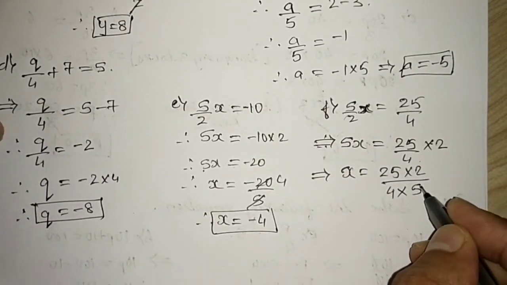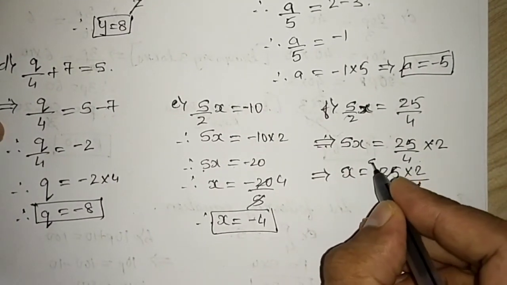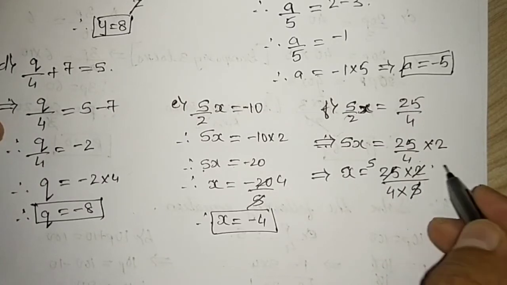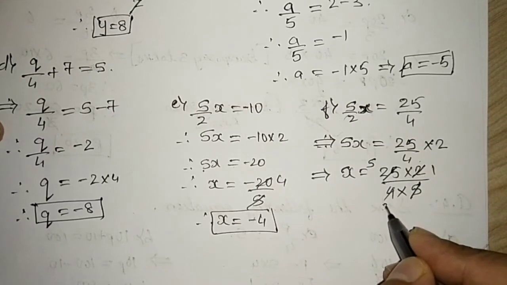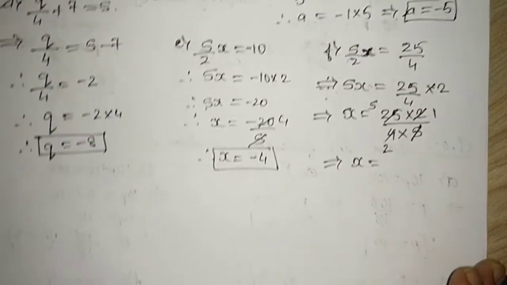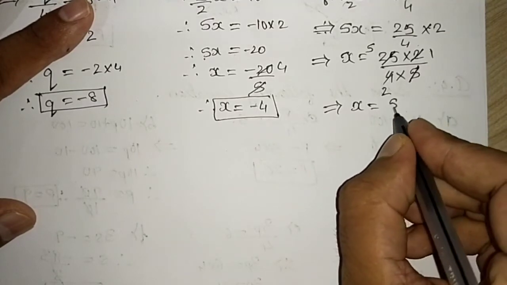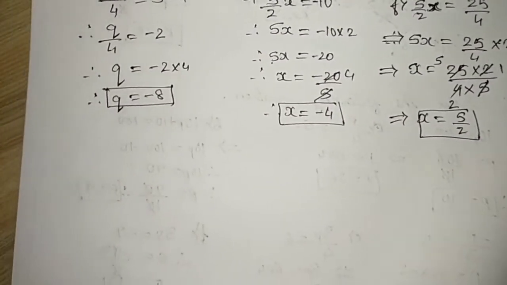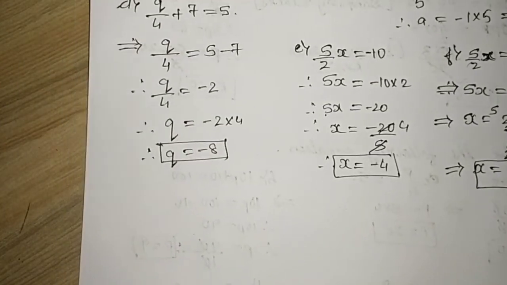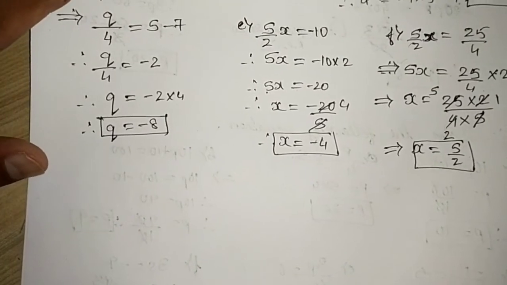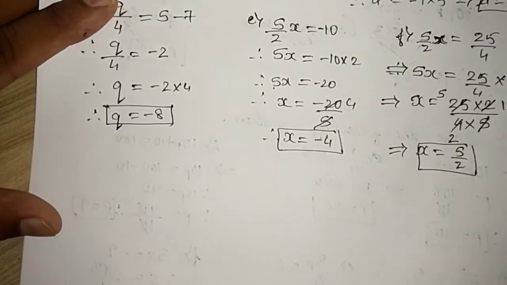In 5's table 25 goes 5 times, so 5 5s are 25. In 2's table 4 goes 2 times, so we will get x is equal to 5 by 2. This will be your answer. Now remaining 4 parts I want you all to solve by yourself, practice at your home.